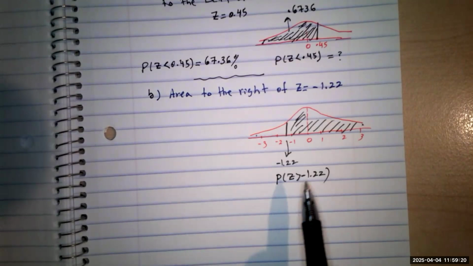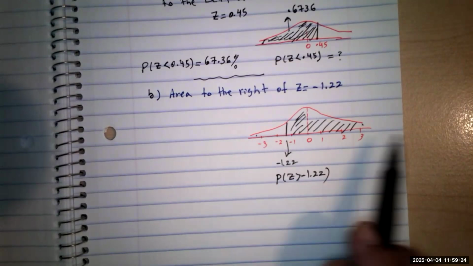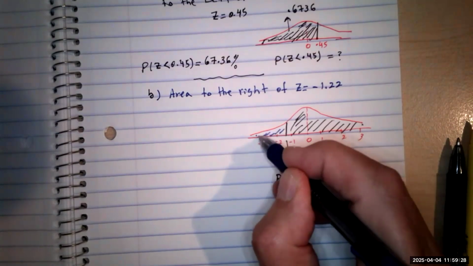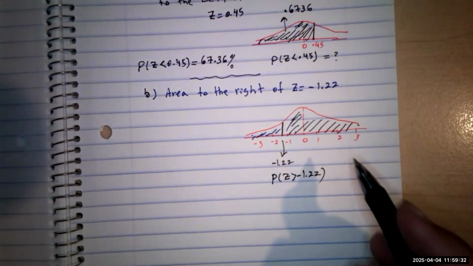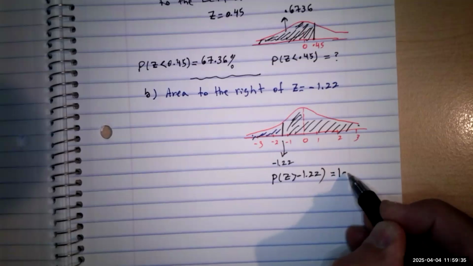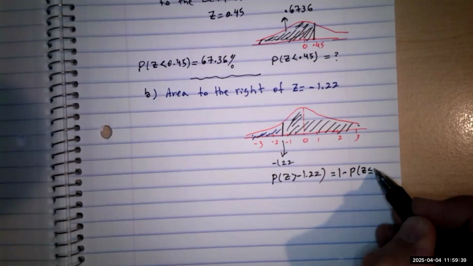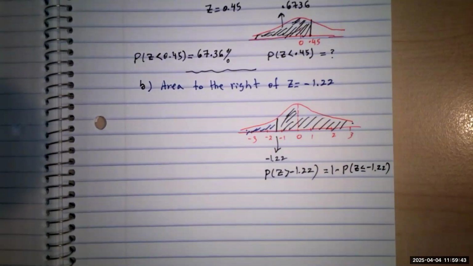So what you have to do is find the area to the left, and then you subtract it out of 1. You see? So this would be like the complement of the probability. So this is going to be 1 minus the probability of Z to be less than or equal to -1.22. Okay, this is the one that most people miss on the test if they want to use it just right away, straightforward.